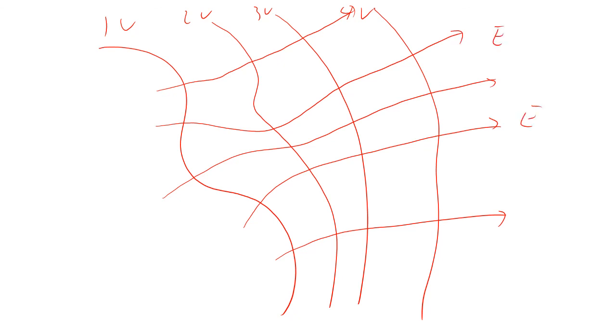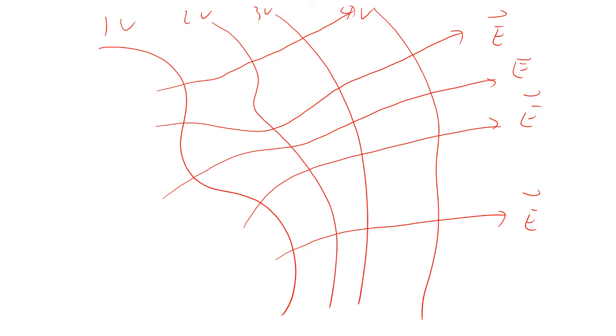So the electric field would have to always be going perpendicular to those equipotentials. This is one useful strategy in terms of figuring out the relationship between voltage and electric field.